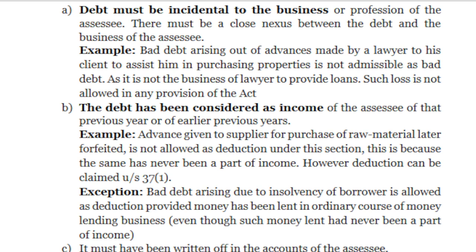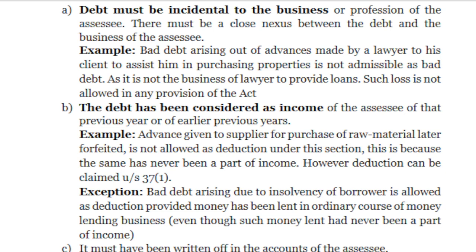Can you claim it as bad debt? The answer is no. The simple reason being you did not treat it as income first, right? That's why you cannot claim it as bad debts. But anyhow, this is a general loss to you. You can claim it as deduction under section 37, right? In the ordinary course of business, this is a revenue loss to you, so you can claim deduction under section 37 subsection 1. Okay, this you should remember.